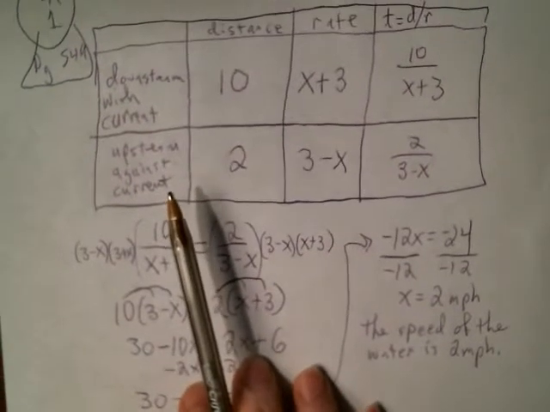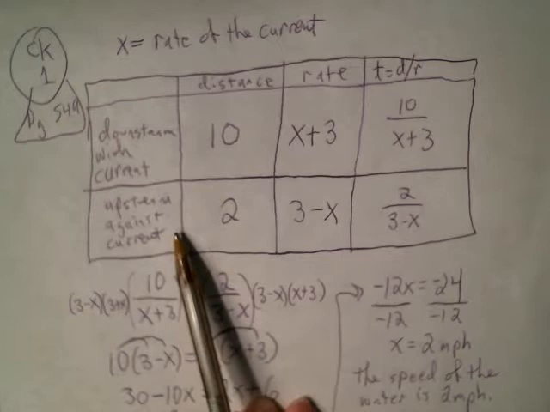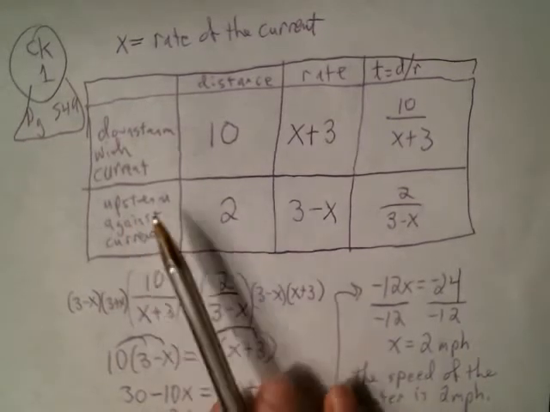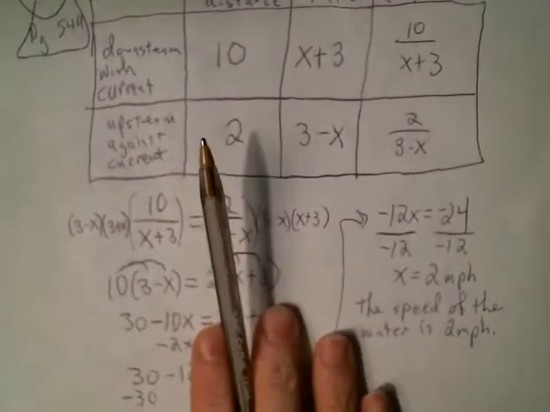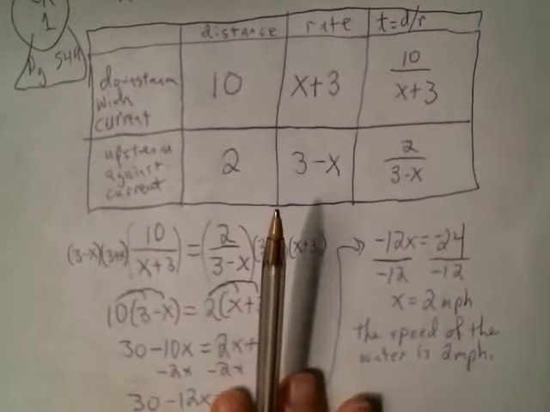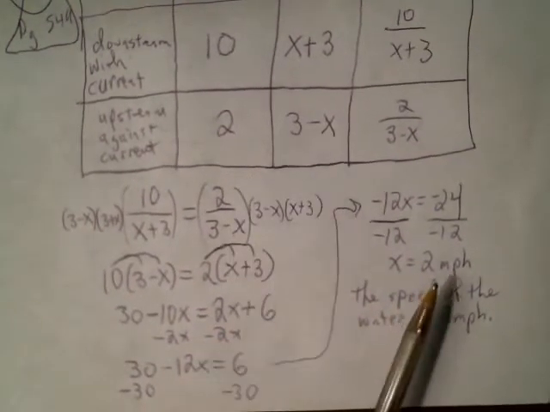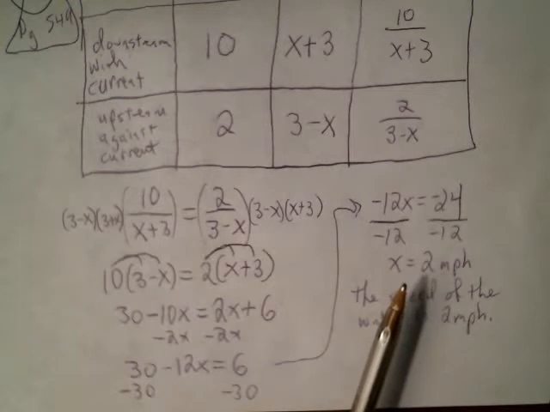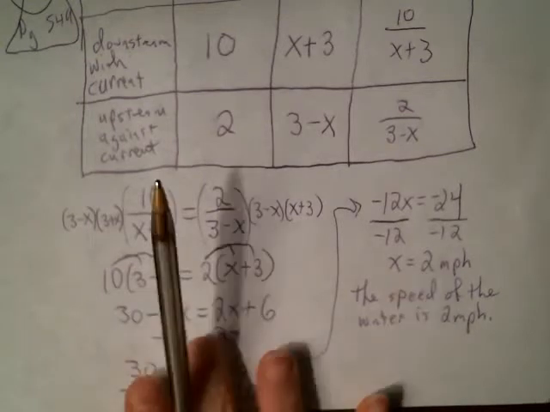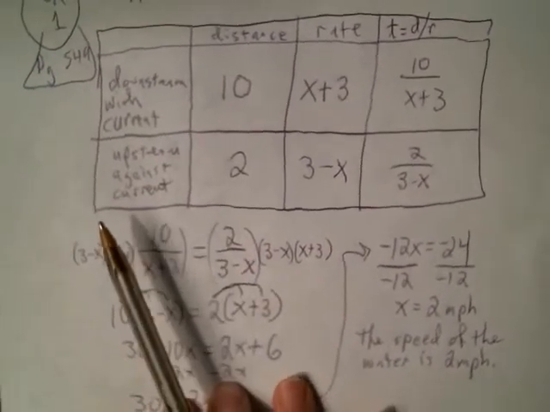And usually there will be a sense of reality in that picture that you can compare to the mathematics that are sitting in front of you. And you want to reconcile the two with each other. So for instance, if you had been given the answer x equals -2 miles per hour for the speed of the current, you would probably say that's not correct, right?